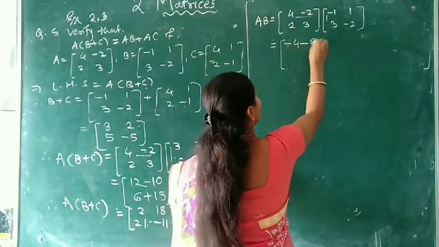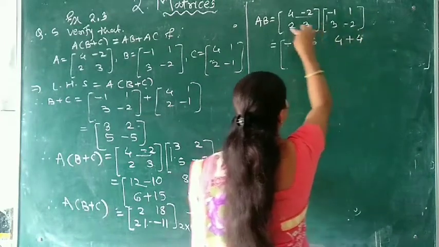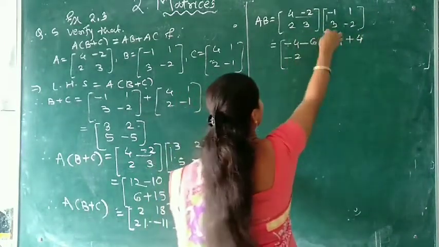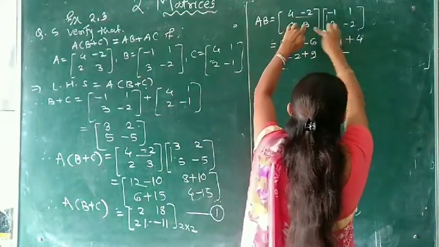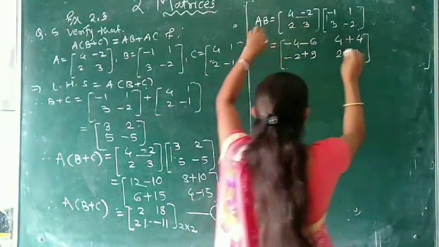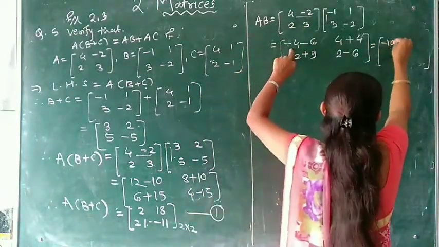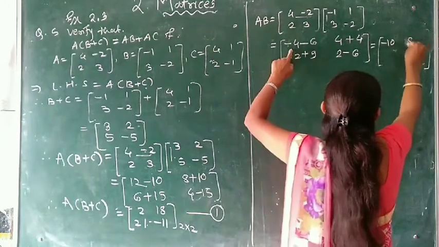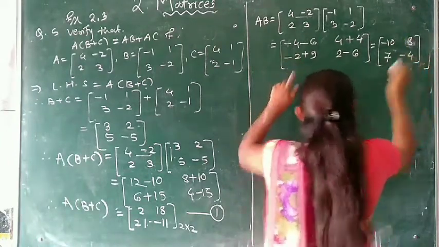Minus 2 into 3, minus 6. 4 into 1, 4. Minus, minus, plus 4. 2 into minus 1, minus 2. 3 into 3, 9. 2 into 1, 2. 3 into minus 2, minus 6. So AB is equal to [-10 8; 7 -4]. That is AB.